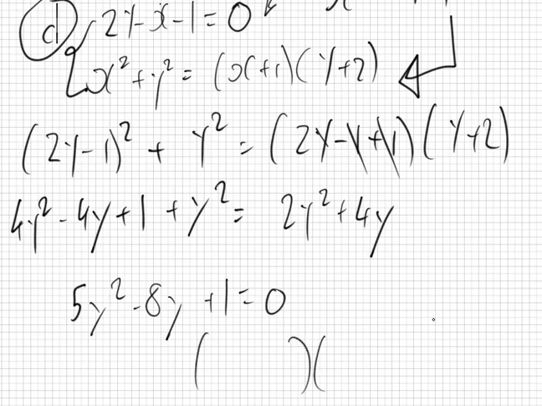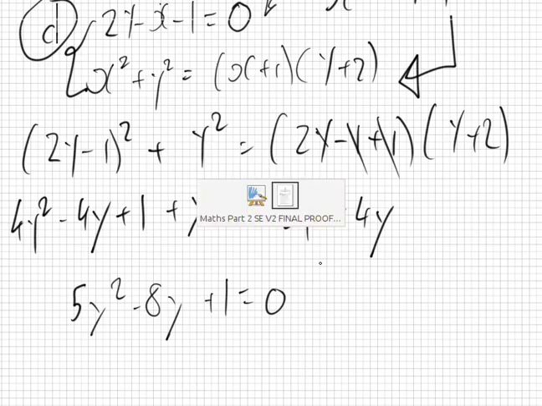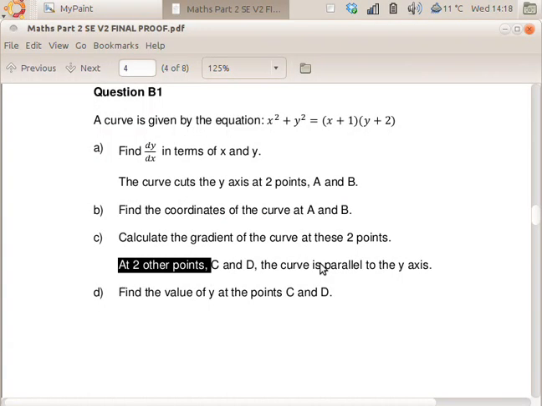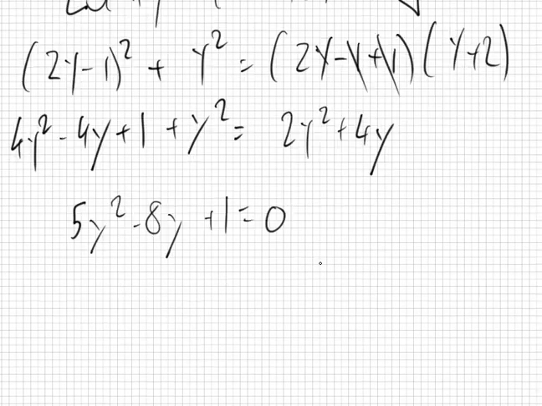Let's see what we got. 1, 1, y. I think this is going to be decimals. Yeah, unless I made a mistake, it's looking like it's decimals. Alright, so if you take out your calculator, please.